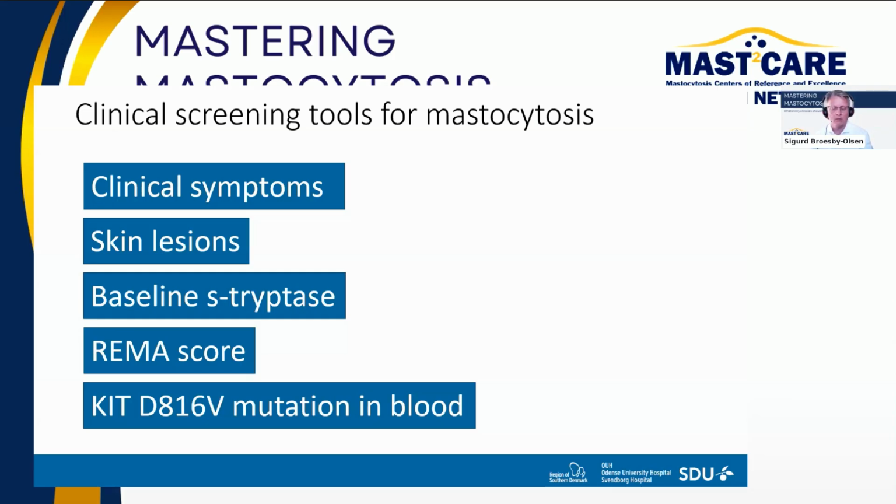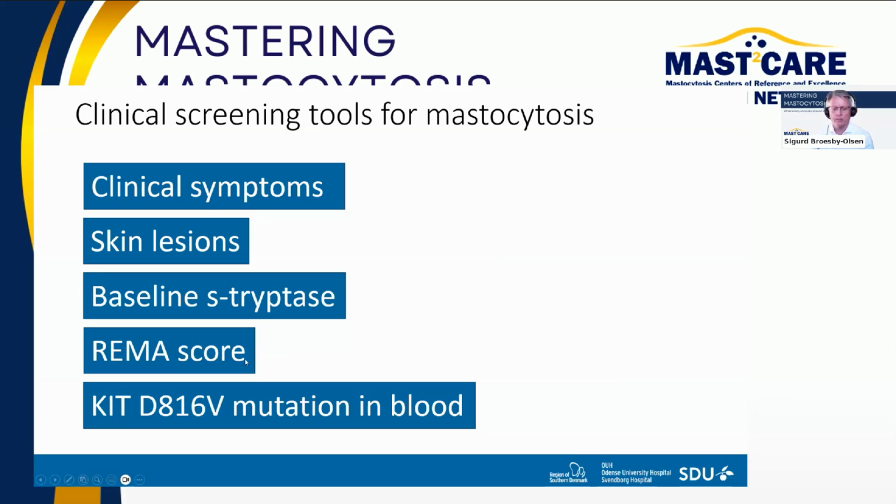And by normal, I mean even levels below 8 or 7, and it can easily be systemic disease also below 20. On the other hand, as you all know, we have a new player in town, hereditary alpha tryptasemia, that is not equal to mastocytosis, and you can have elevated tryptase not having mastocytosis. So basically, tryptase is not the specific tool.